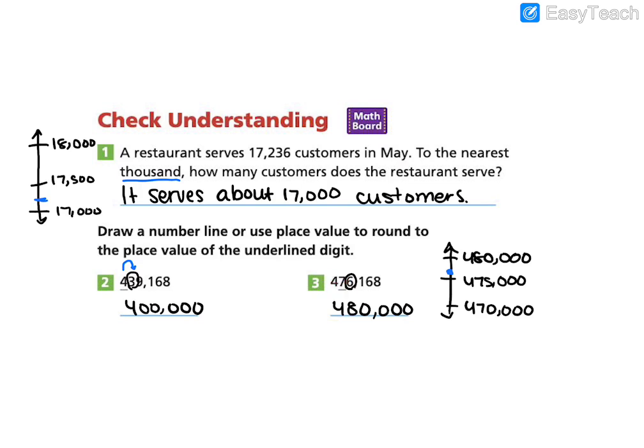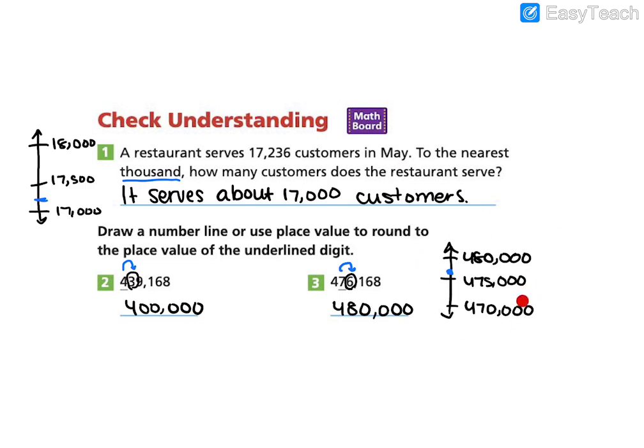For number 3, I used place value and a number line just to check. So we were rounding to the 10,000s place. I went ahead and looked to the digit to the right. It's a 6, meaning it is greater than 5 and greater than the halfway point. So I rounded this number to 480,000.